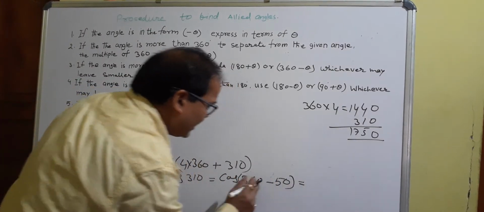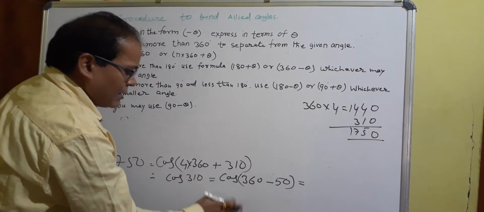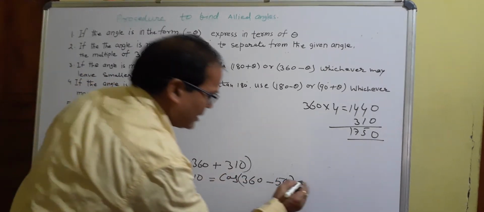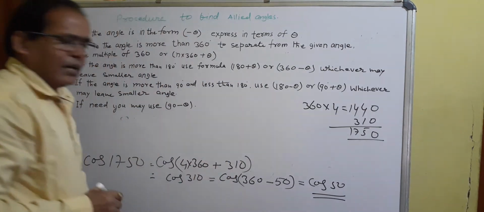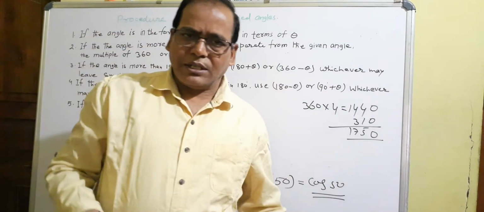Finally, 360 minus means it will lie in the fourth quadrant. You will get cos 50, and cos 50 you can find from the calculator.